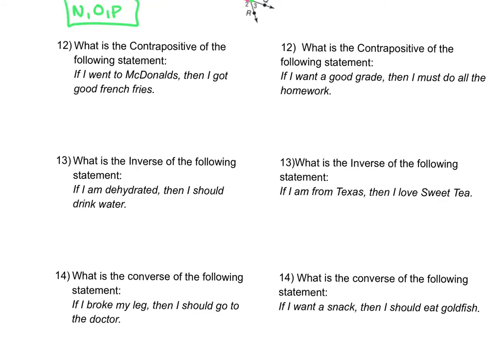All right, the next one wants us to find the contrapositive of the following statement. Now remember, the contrapositive is the longest word, so it has the most jobs. So that means that we're going to switch and negate our statements. So our P in this case is I went to McDonald's, and then our Q is I got good French fries. So we need to switch the order, and then negate means add not to our sentence.